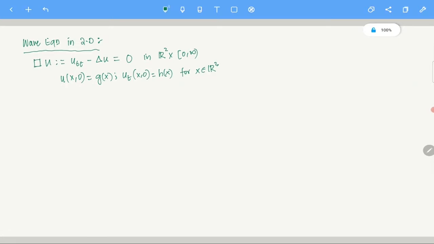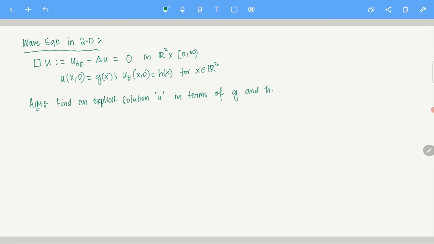Now the question we want to discuss is this: our aim, exactly like n equals 3, is to find an explicit solution u in terms of g and h.